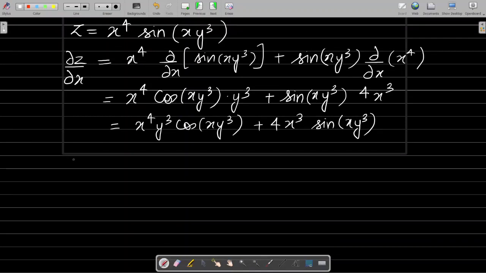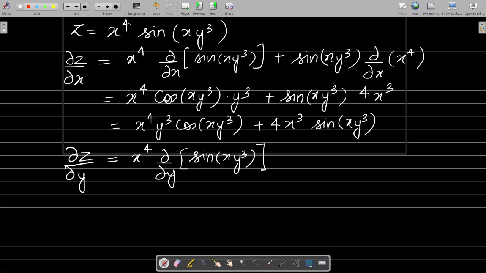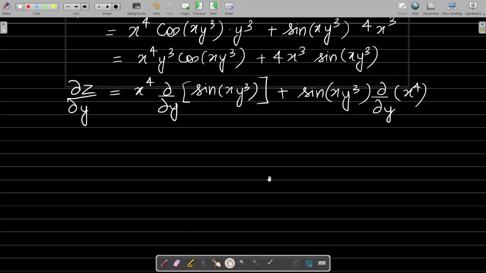Okay, so we have ∂z/∂y is equal to x⁴ into ∂/∂y of sin(xy³). Now we have to consider x as a constant and y as the variable, plus sin(xy³) into ∂/∂y of x⁴. I could have very well skipped this step because x⁴ is a constant, so it comes out to be 0.